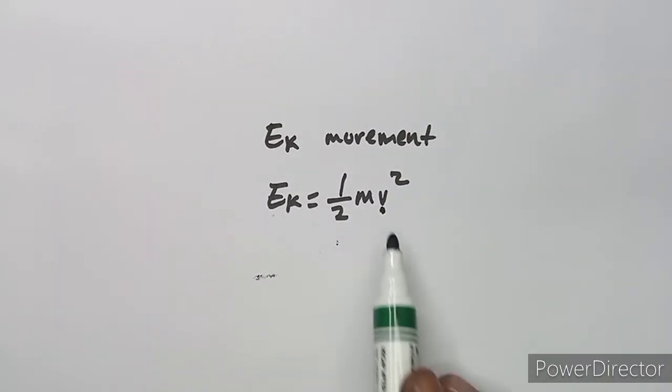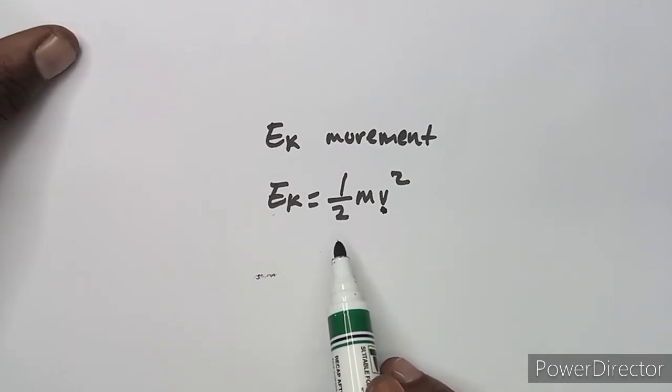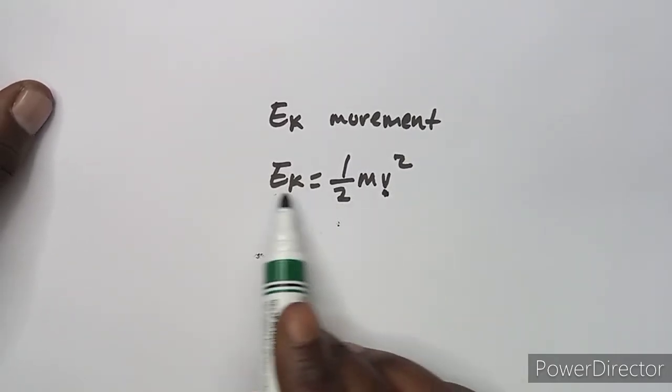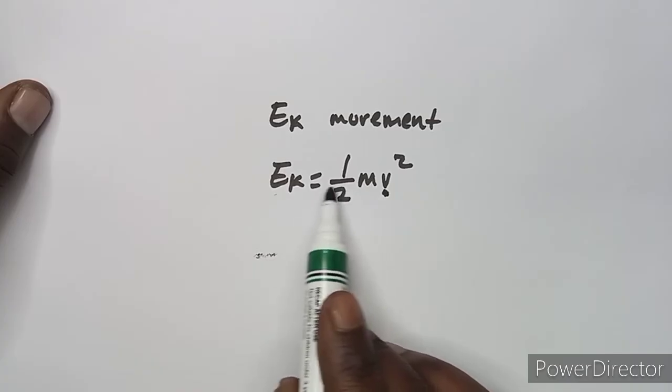Okay, so we need to find this final velocity. So where can we have this information? We just need to make v the subject. So let us make v the subject here, or you can just replace the information. As for me, I'm going to prefer to make v the subject.